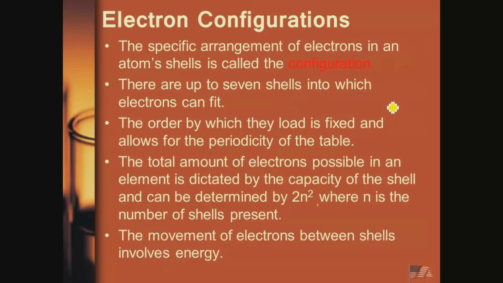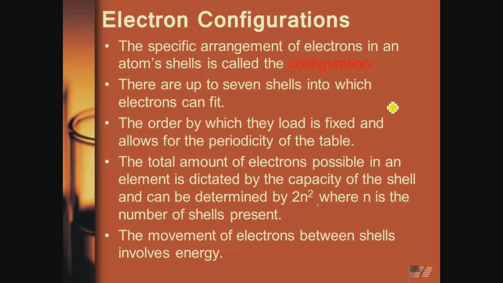The specific arrangement of electrons into the various shells is called configuration. There are up to 7 shells into which electrons can fit. The order by which they load is fixed, and this gives us the periodicity of the table. The total amount of electrons possible is dictated by the capacity of the shell.